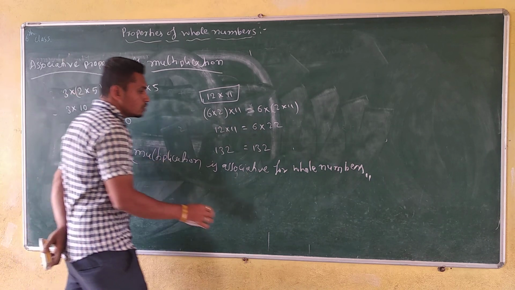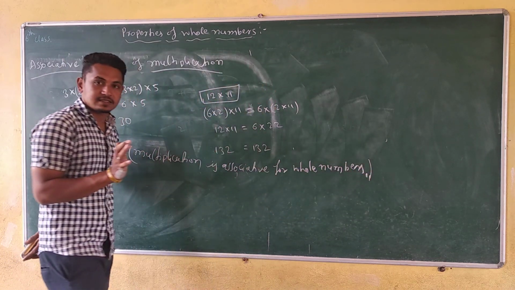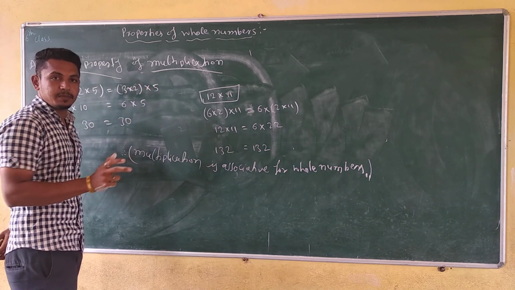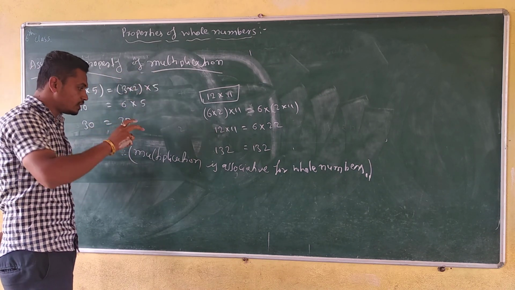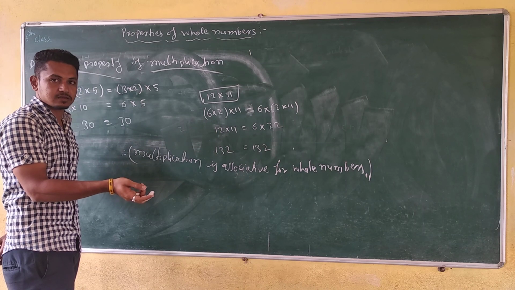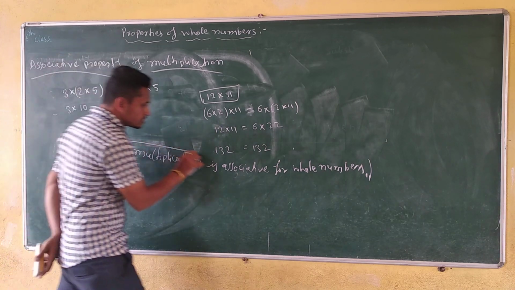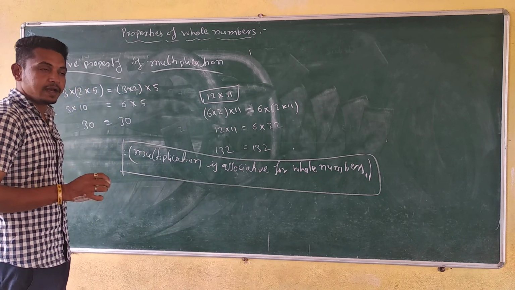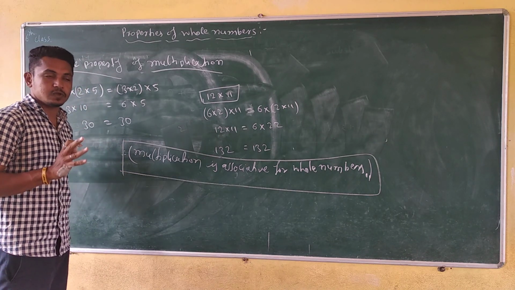Now we have to solve some examples on the associative property of multiplication in the next class. Please note down this statement and remember another two statements. Which are those?